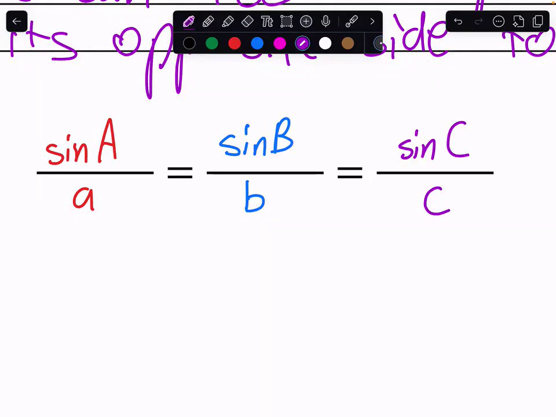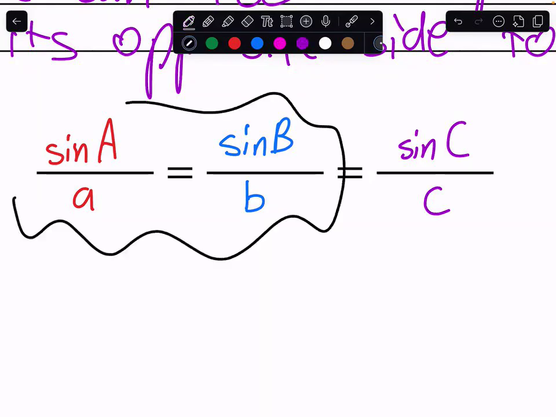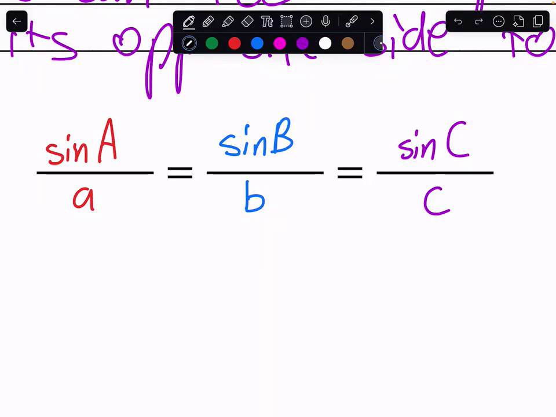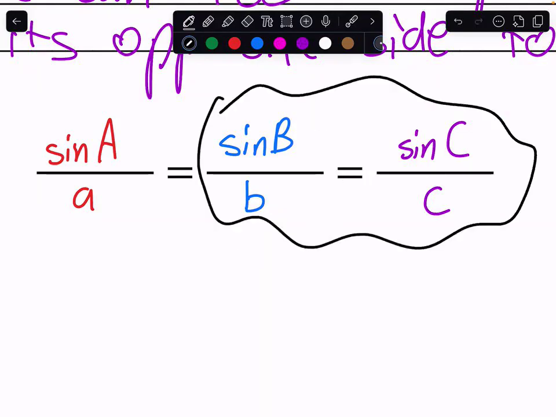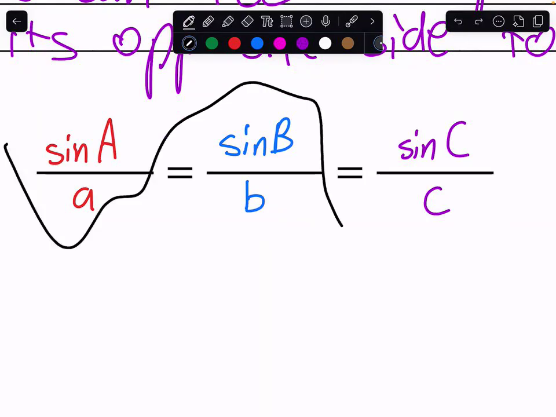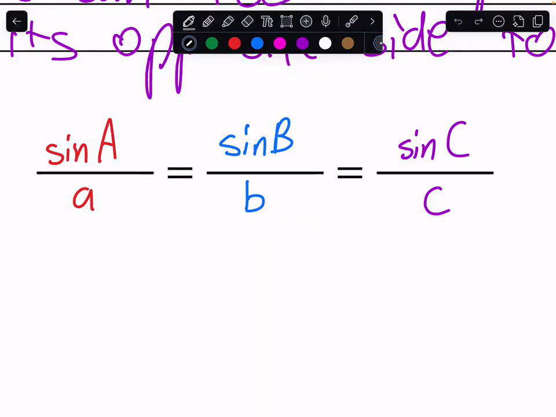So this equation has three parts, but all of them are equal to each other. Sometimes you'll use the A's and the B's, sometimes the B's and the C's, and sometimes the A's and the C's. Given any two of the letters, you can set them equal.